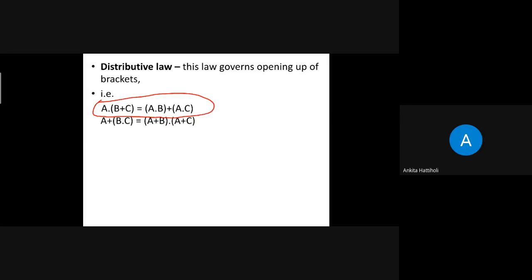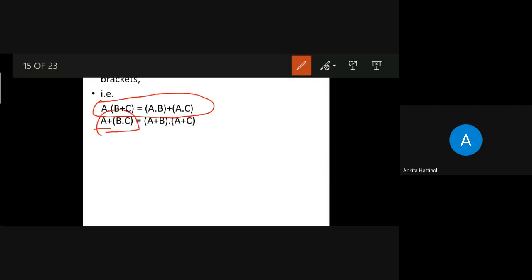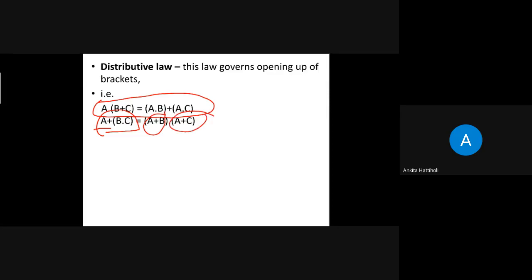Then similarly, you can see here A plus (B dot C) can be written as (A plus B) dot (A plus C). So this is your distributive law.